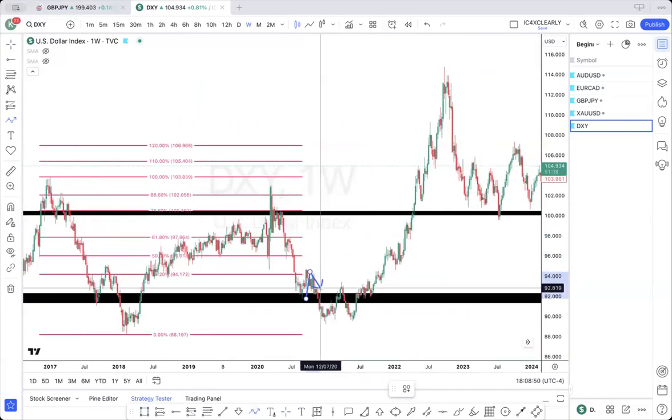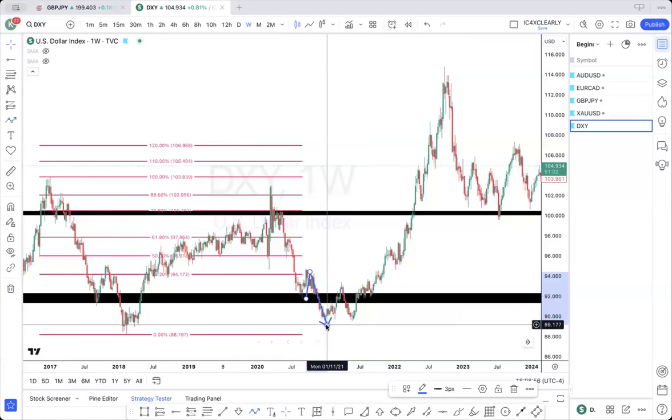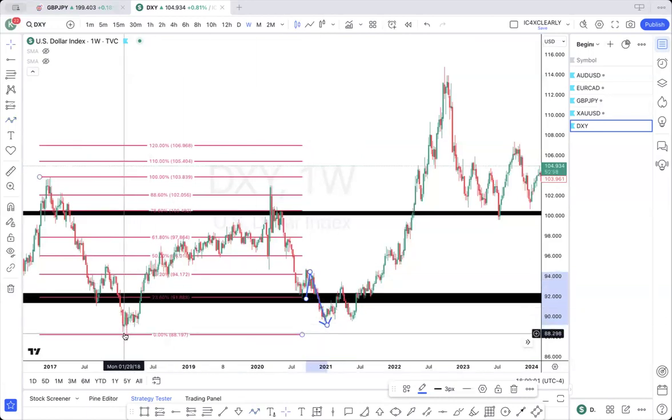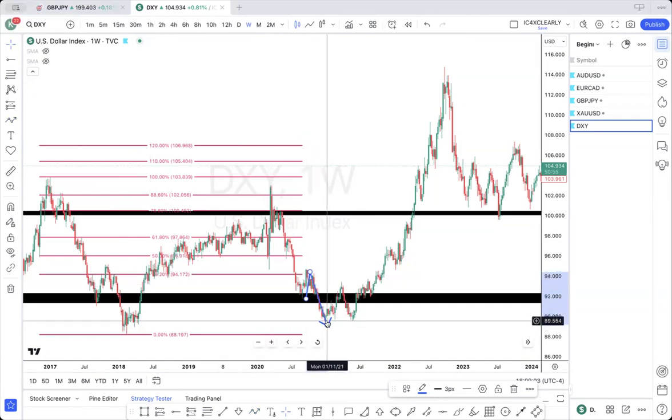One week it dropped, the next week it dropped, the next week it pulled back a little bit, the next week it dropped. So now I have another swing. It didn't break this low, but this is my last swing within that.